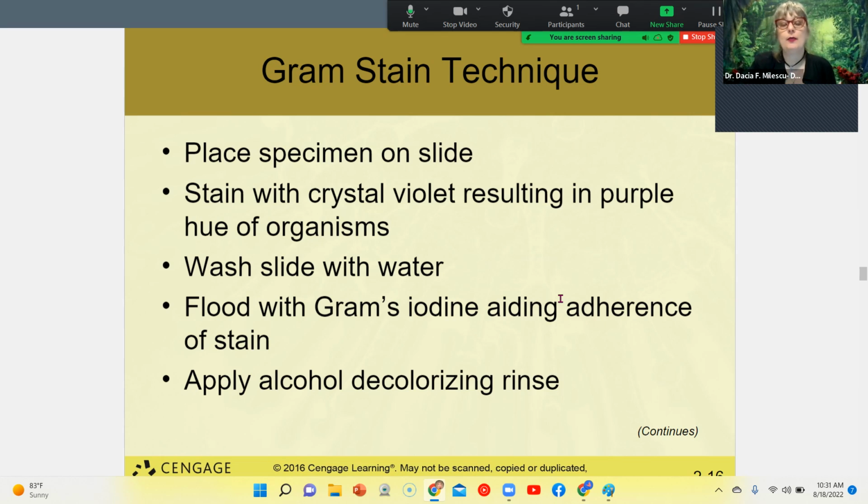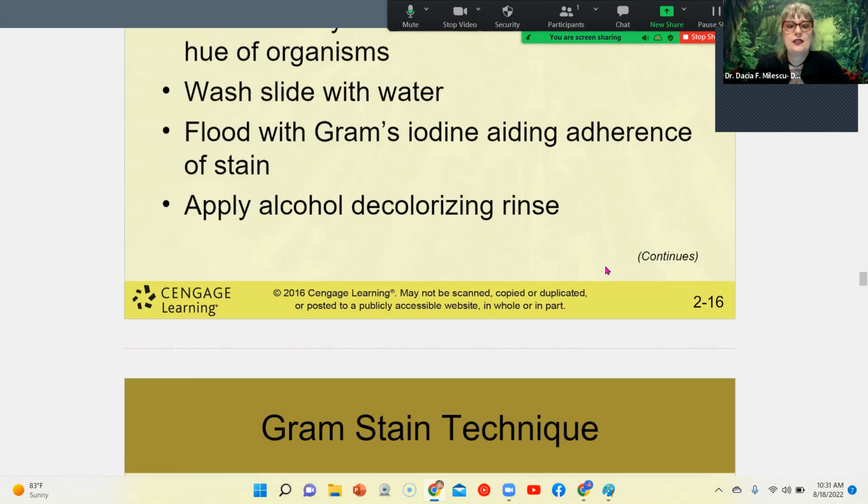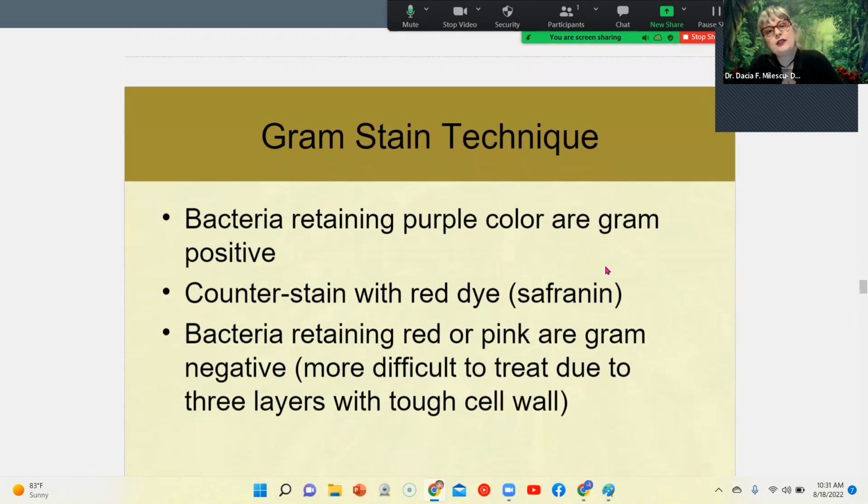That's how we isolate the bacteria that are gram positive, which chemically bind with the purple stain of the crystal violet. That's the easiest way I can explain the gram positive stain. The bacteria that retain the purple color in the end are gram positive.